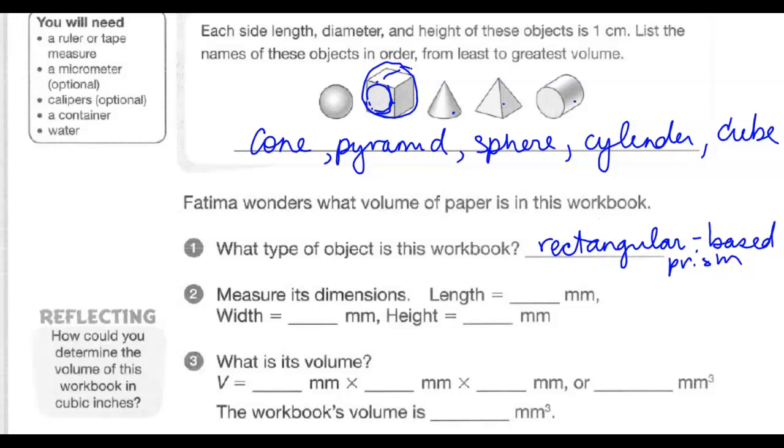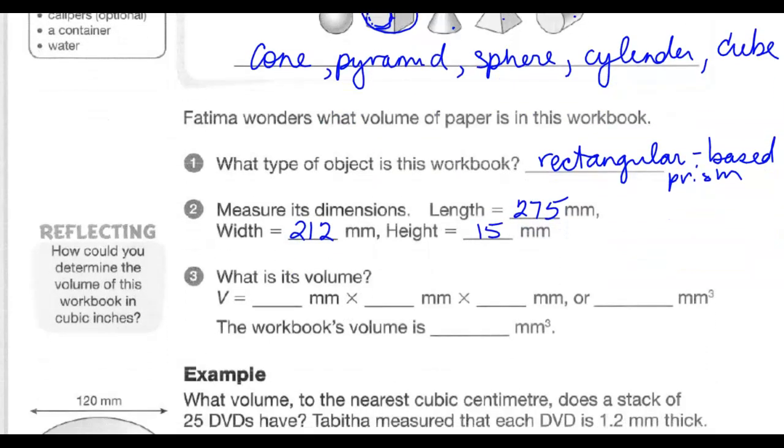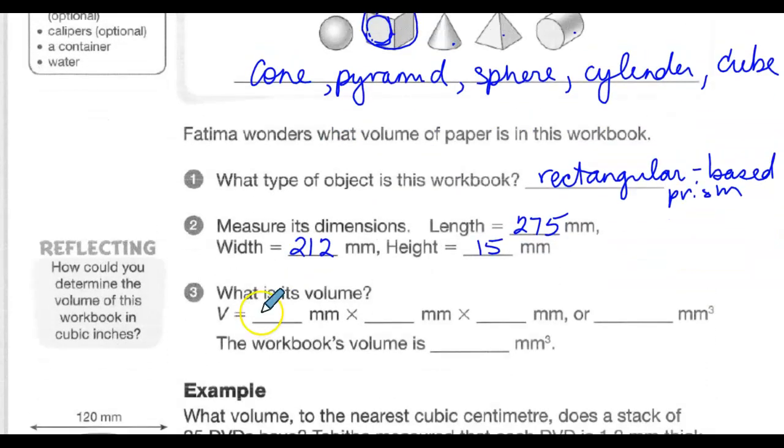So when I measure it, I get basically 27.5 centimeters long. So that's 275 millimeters. I got a width of a little more than 21 centimeters, so 212 approximately millimeters. And a height, I got about 1.5 centimeters, which is 15 millimeters. So the volume, rectangular prism's the easiest. You just multiply these all together.